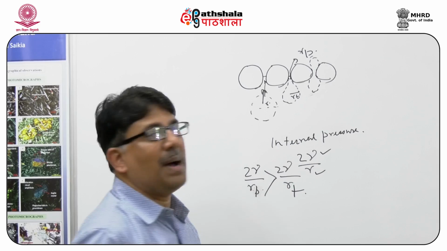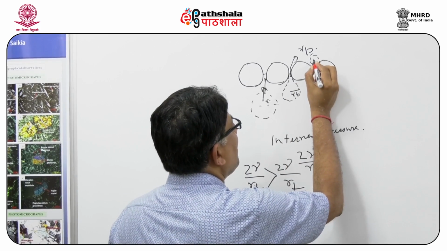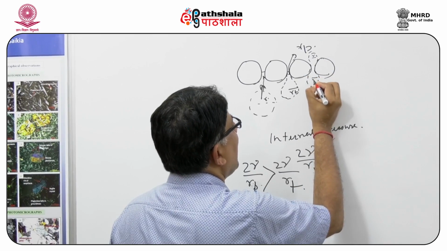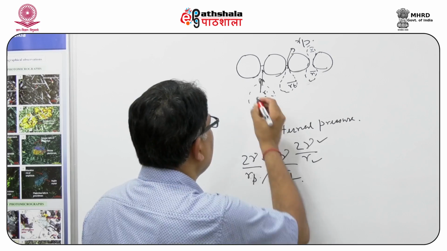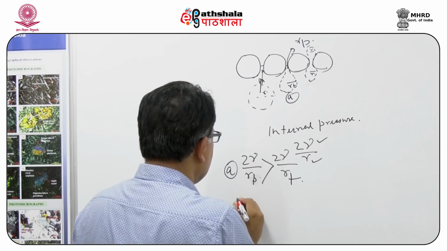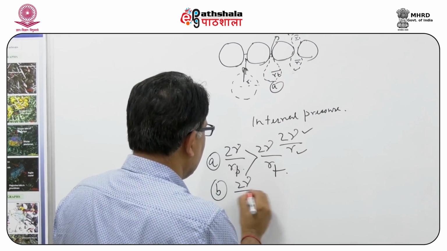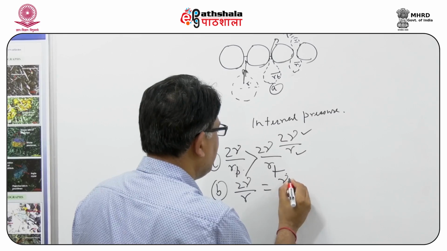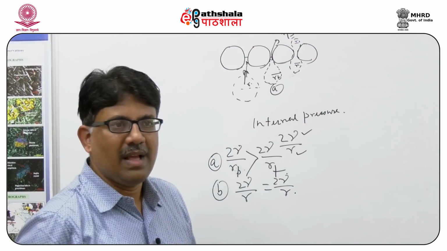Once this internal pressure forces it, it takes a shape something like this, the dumbbell shape. In the dumbbell shape, this R and this R become the same. So at stage A and at stage B, the pressure here and here becomes the same.